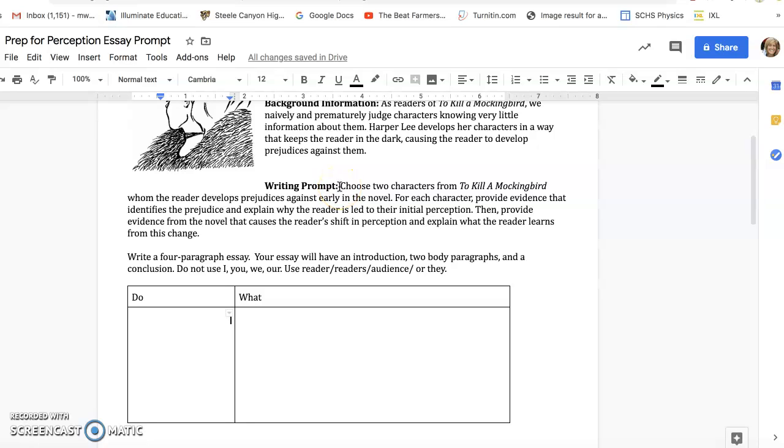Okay, so first, we have the first verb in this sentence, and that verb is choose. So we're going to write choose, and I think I'll put a bullet on that. And what are you choosing?